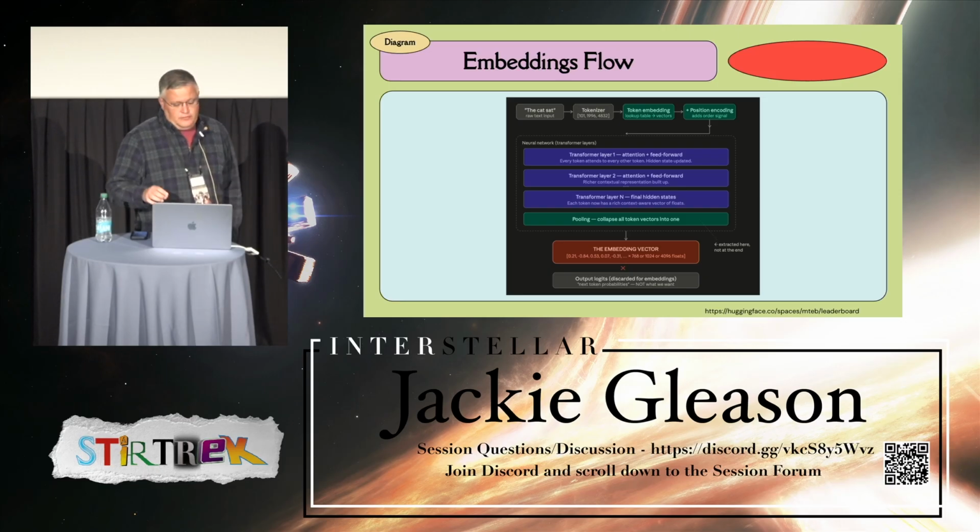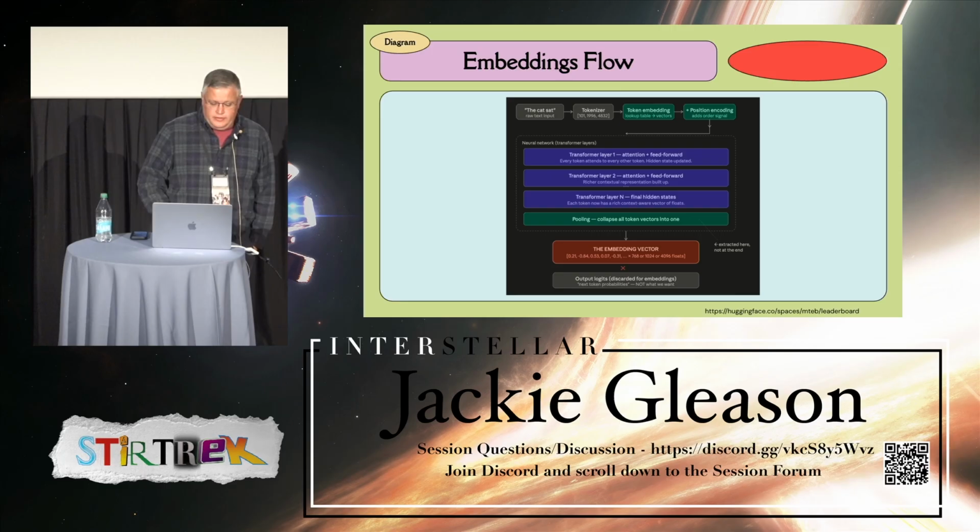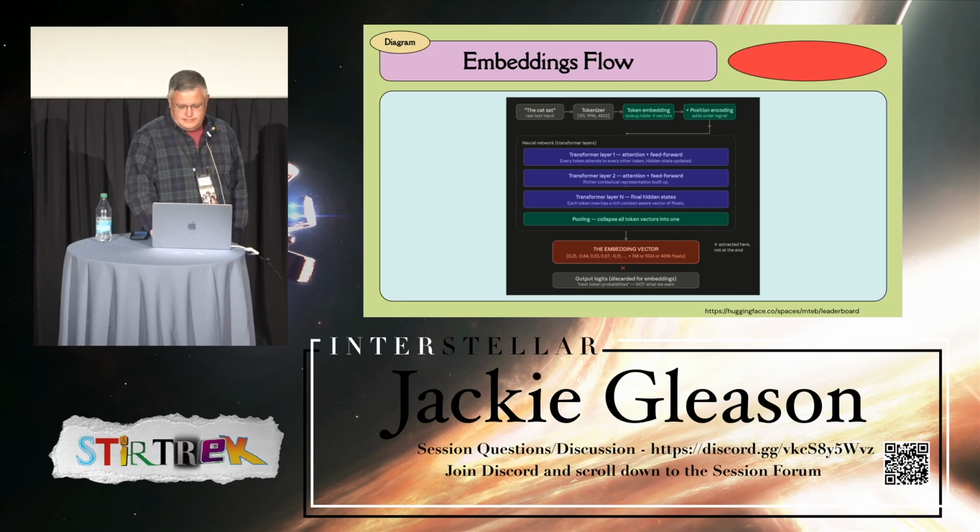The only difference between this and a traditional LLM that returns a response is that the output stuff is just not done. So instead of having to generate that response, you just end up with the embedding vector.